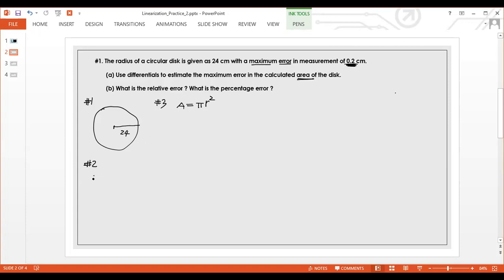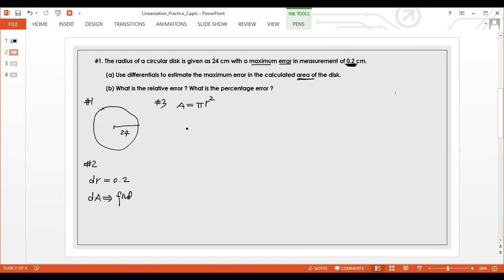So that means my dr could vary by 0.2, right? And I want to find the error I could have for my area here.